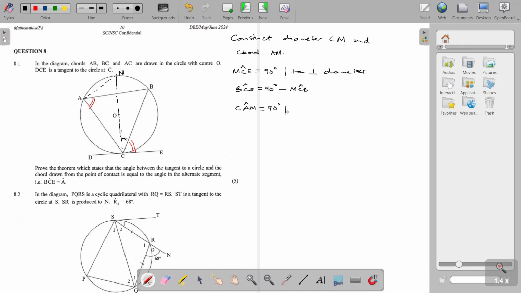It's an angle in a semicircle, or angle subtended by diameter, because this angle is subtended at the circumference by diameter CM. Then from there we can conclude that angle A will be equal to 90 degrees minus angle MAB.